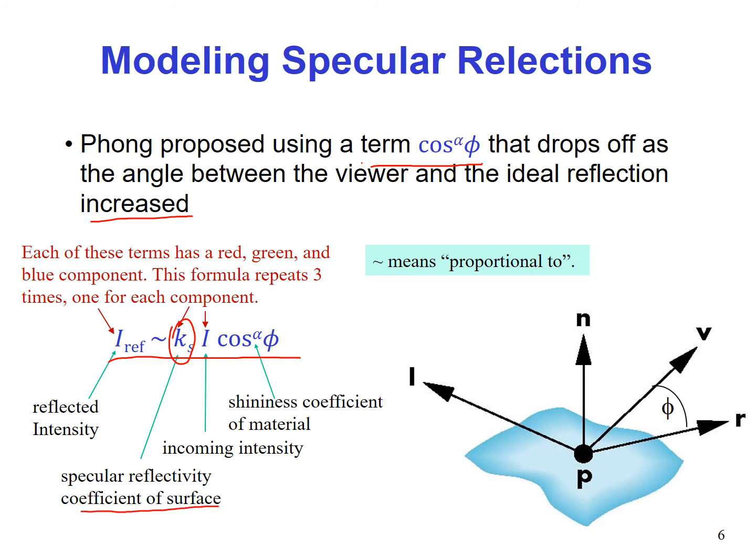So it's a surface property. I is the incoming light. And alpha is known as the shininess coefficient of the material. And this is how we calculate how much of this light would be reflected from point P. This is a symbol of proportionality.